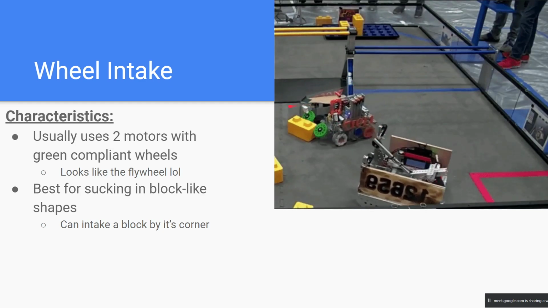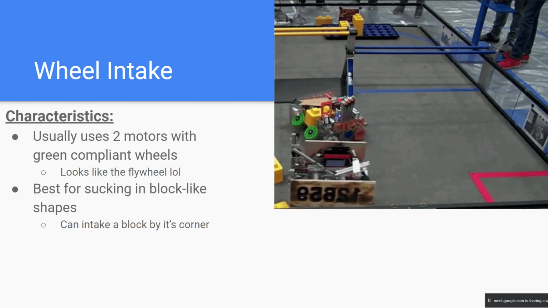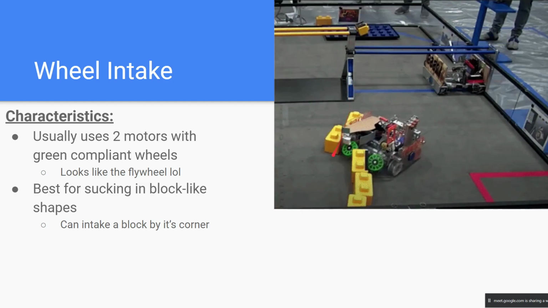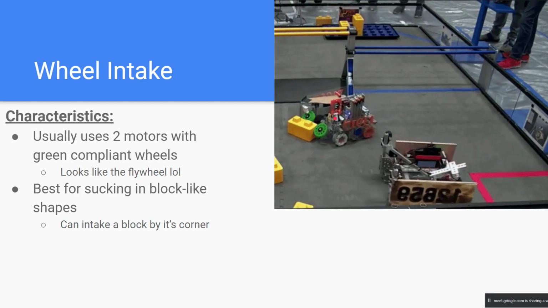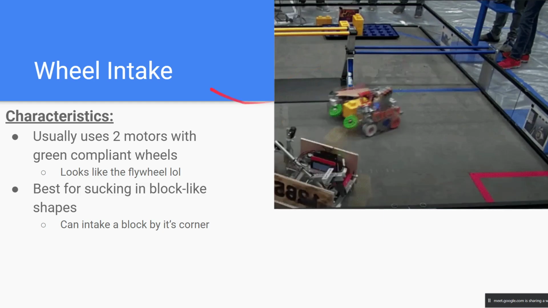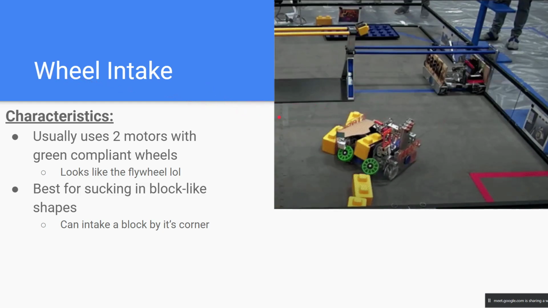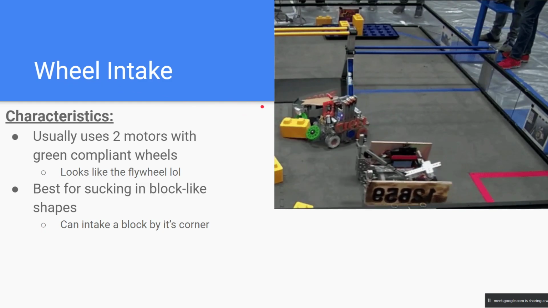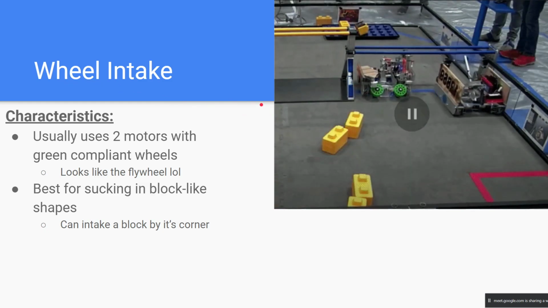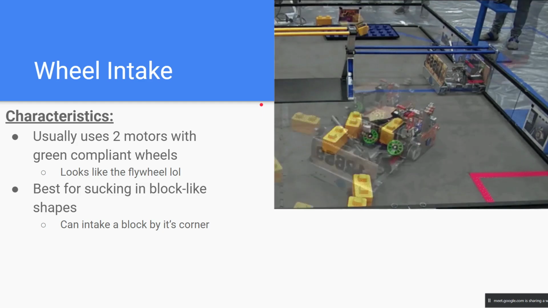So it's very versatile when you're trying to grab things. You don't need to spend time lining up in the right direction to pick up your block. All you have to do is go up to it and it just sucks it in. So it's very efficient, very cool. Wheel intakes are pretty great. I don't think we're going to use these this year. People might, but we'll see.